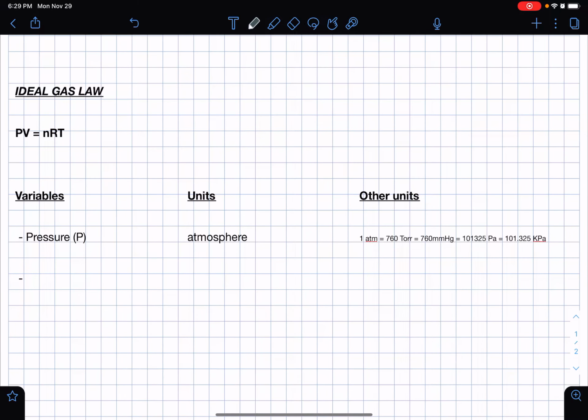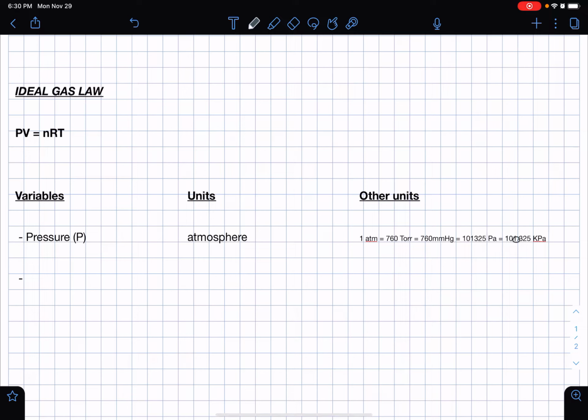Everything that we have to do in order to memorize is that 760 torr and 760 mmHg have the same quantity, which is 760. And we just have to remember that Pa is 101,325. Memorize it like a password. As for kPa, kilopascal, it's not really necessary to remember it, but I suppose it's best to keep this in mind, especially in the exam.